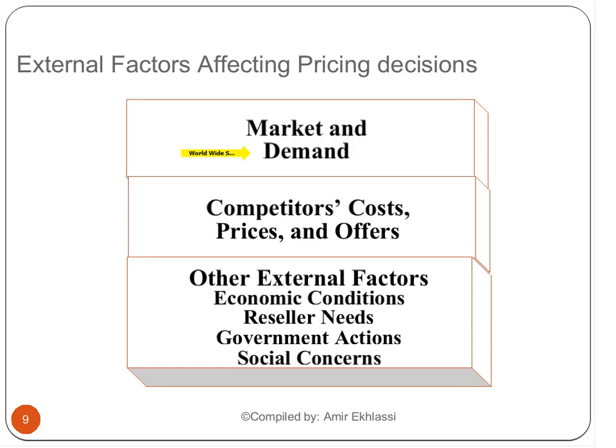Another thing, competitors' costs, prices, and offers. How they offer the products to customers, and what about their prices, their offers, and their costs. This one can have impact on your pricing decision. Your pricing decision is related to market and demand and competitors, and also something like economic conditions, reseller needs.